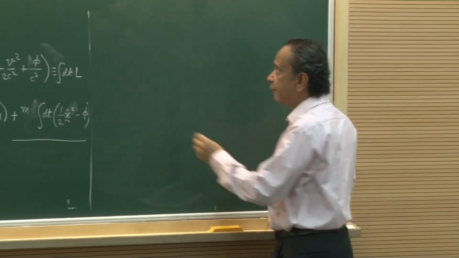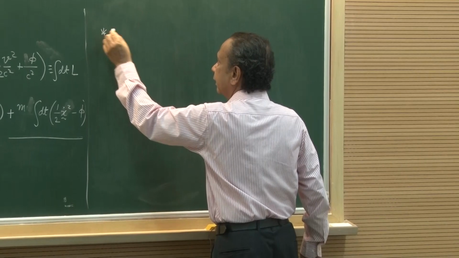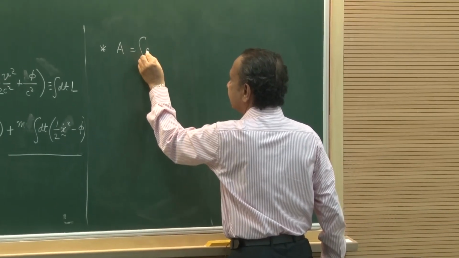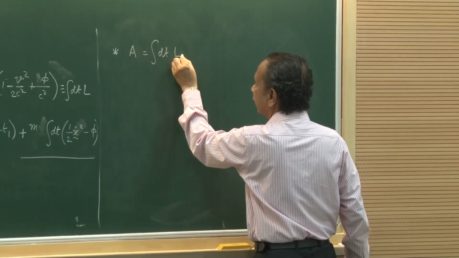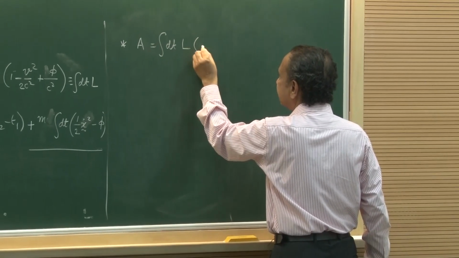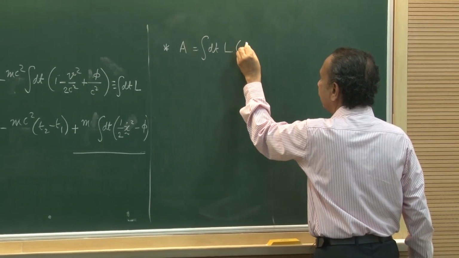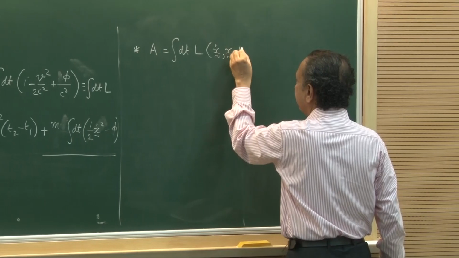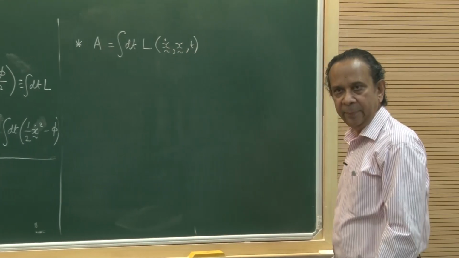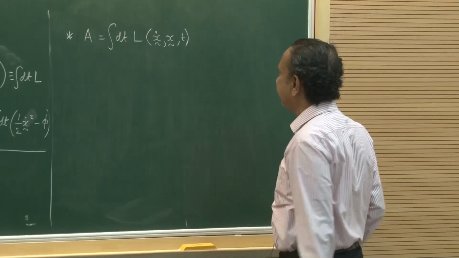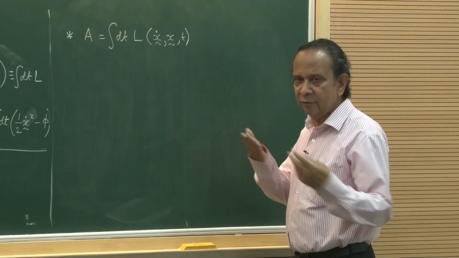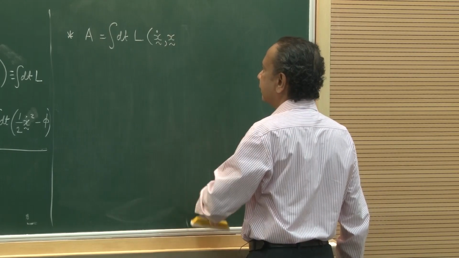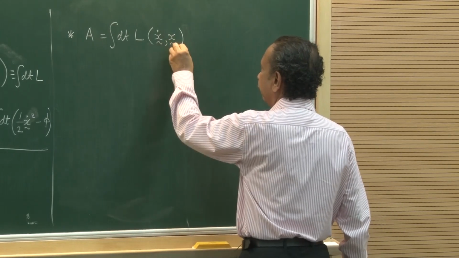What we have essentially found is that the key object which we need is something called action, which is an integral over dt of some quantity which we call Lagrangian, which in general depends on x dot, it depends on x, and it can also depend on t. Most of the time we will ignore the t dependence, and it really does not matter, but whatever I have to say works even with or without t dependence. So, for simplicity I will just think of it as a function of these two.